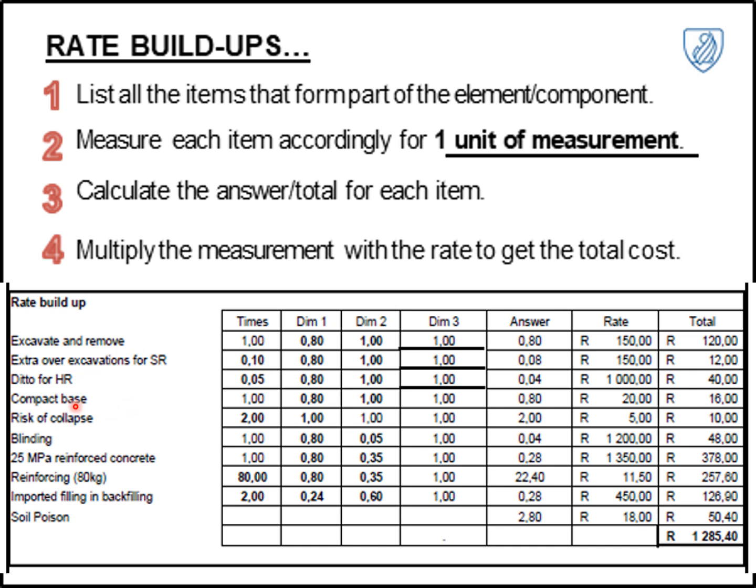And then, I'm just looking for an item that is only one dimension. Soil poisoning is also square meter. Imported filling is also cubes. Reinforcement is a rate per cube, so it is a kilogram times your cubes for your concrete.